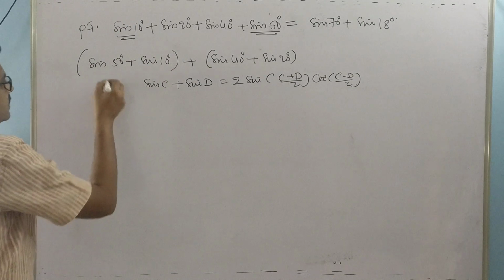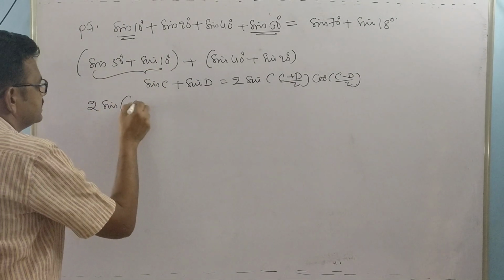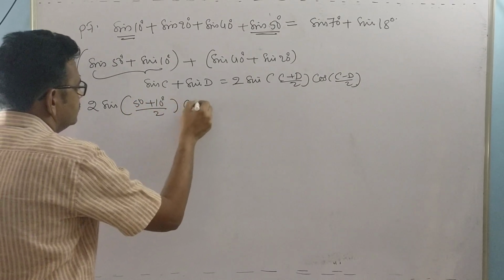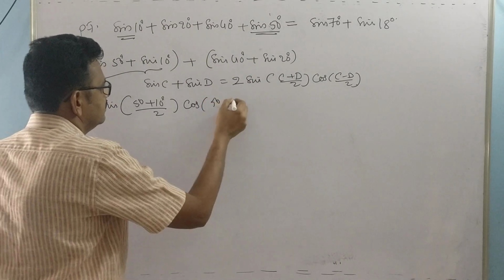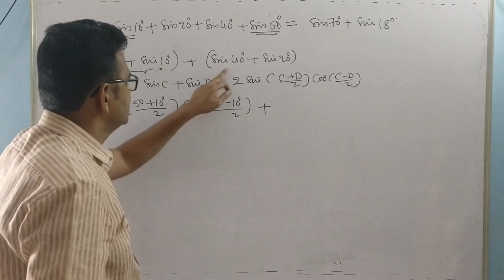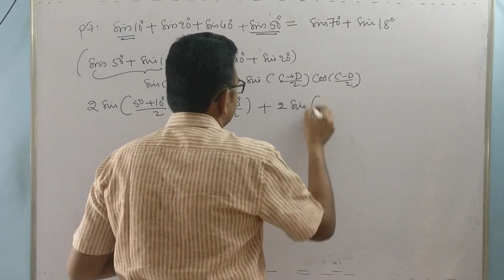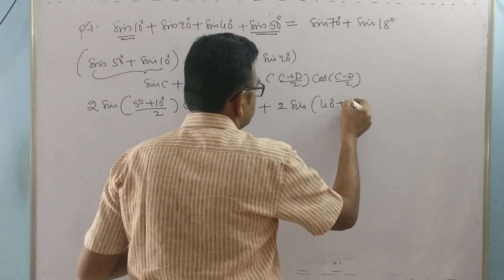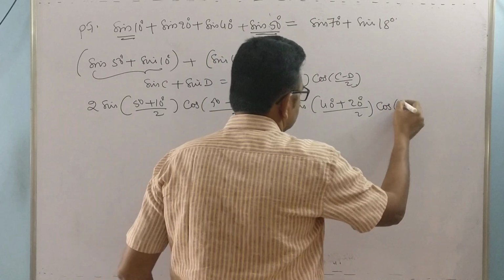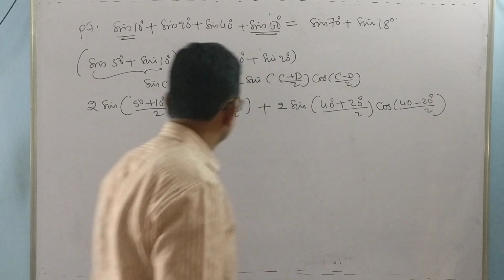So sin C plus sin D is 2 sin of (50 plus 10) by 2 into cos of (50 minus 10) degrees by 2, plus the same, 2 sin of (40 degrees plus 20 degrees) by 2 into cos of (40 degrees minus 20 degrees) by 2.